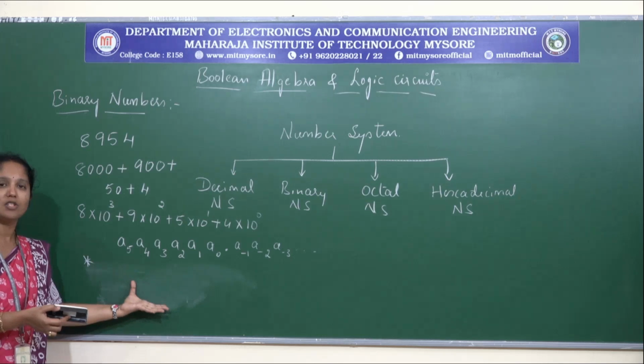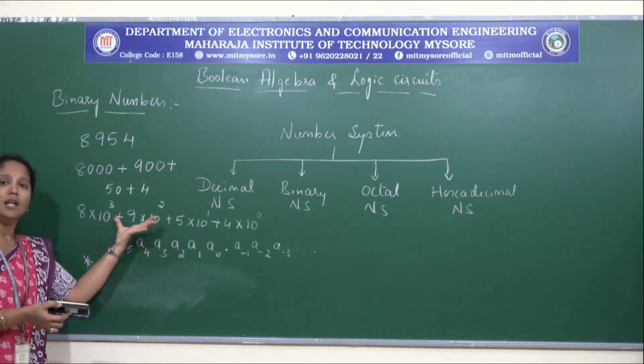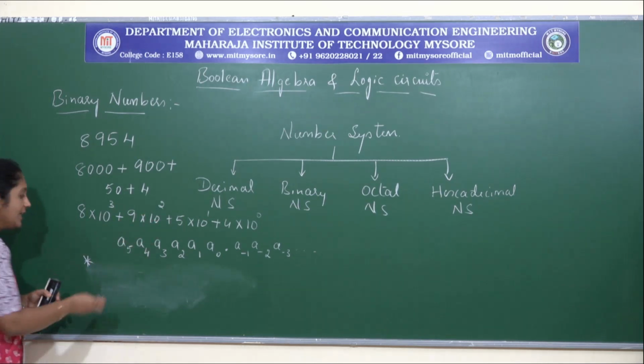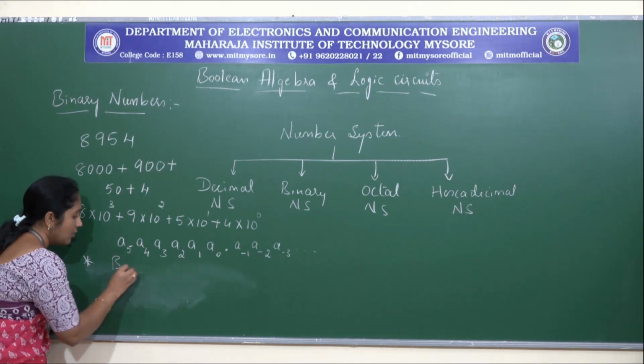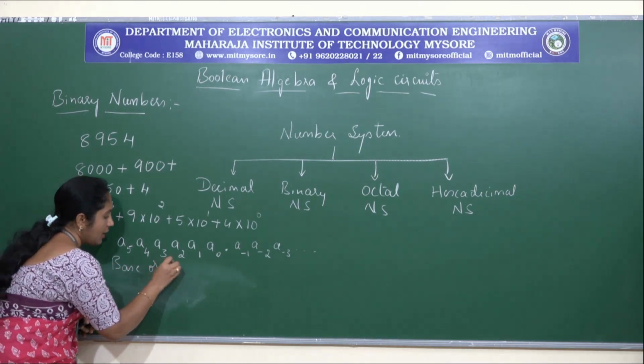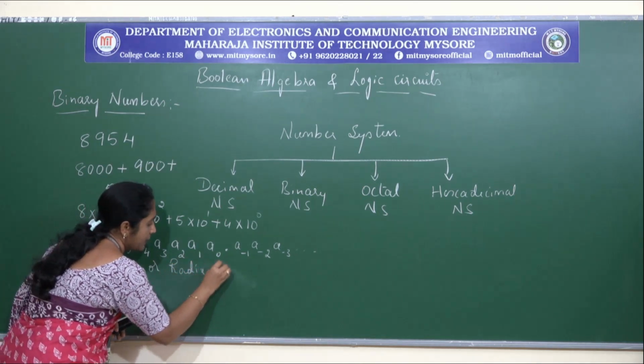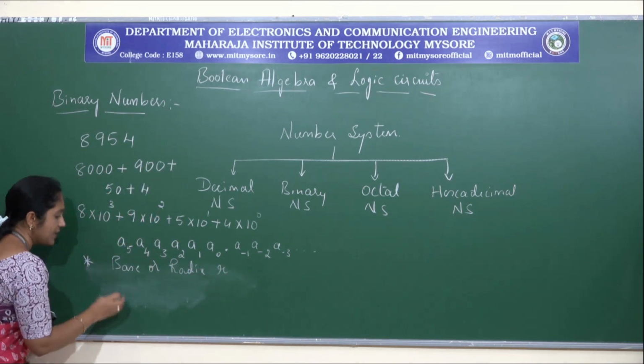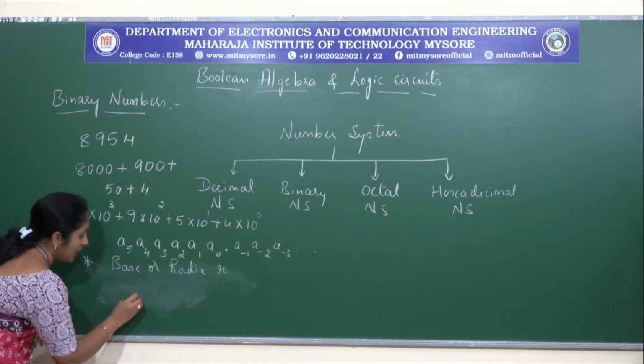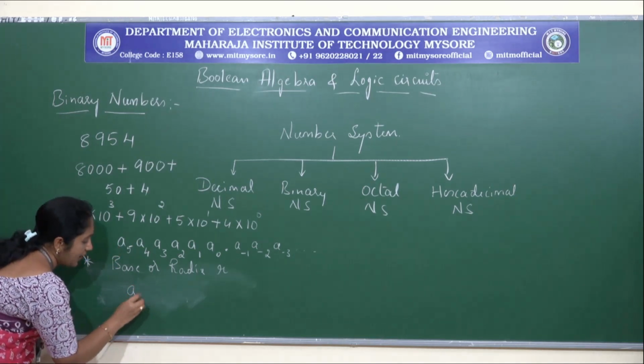This is the generalized equation for representing any number in any number system. Let us consider the base, or radix, as R. If that is the case, using these coefficients we can represent the general equation like this.